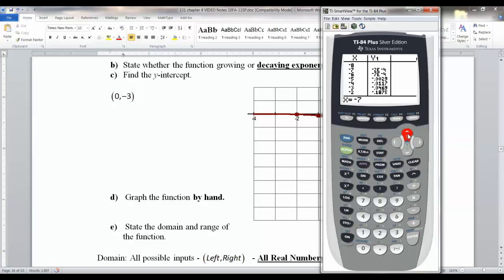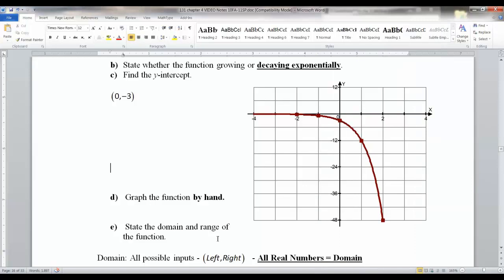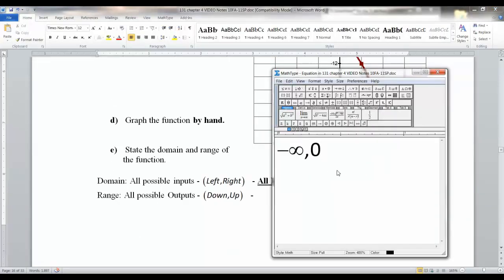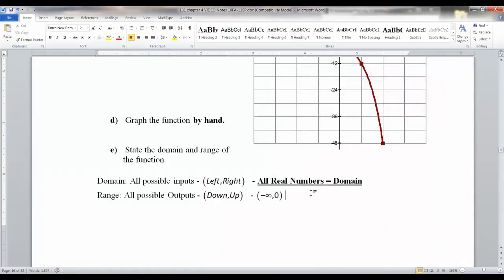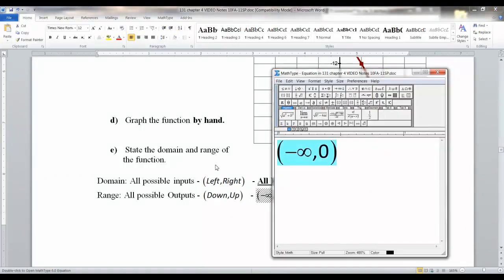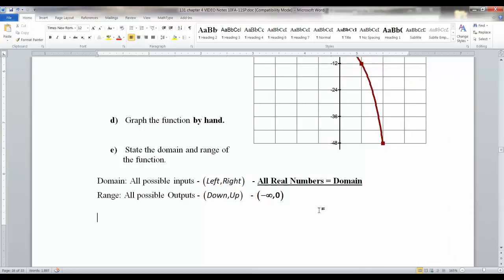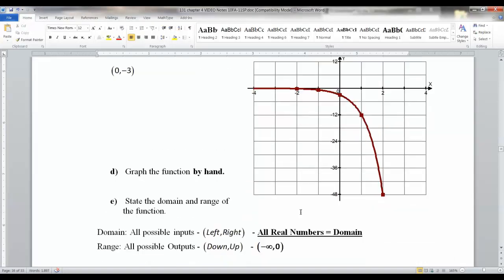So you're getting smaller and smaller decimal values. So what does that mean? Well, it means it gets up to 0, but it never actually gets there. So that means that both of those deserve parentheses. Remember, the only time you get to do a bracket is if you get a closed dot, which you do not have in this case. So there you go, -infinity to 0. All the way up to 0, but you don't actually get to 0. So 0 itself doesn't count.